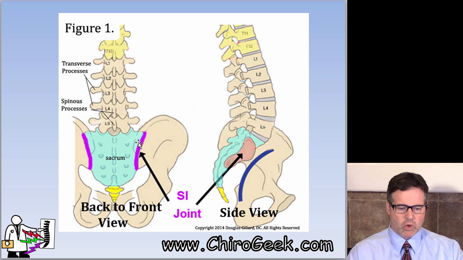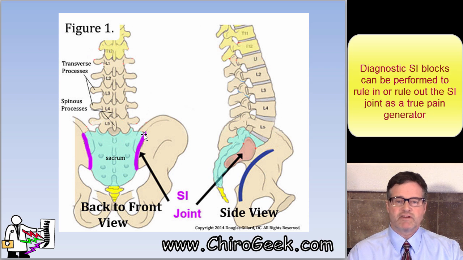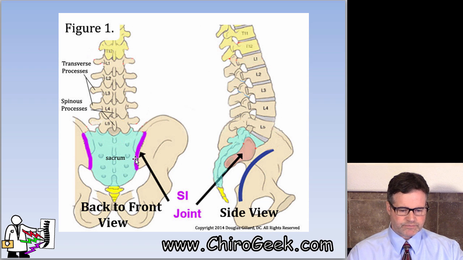Now, it's also a referral site for discogenic pain, and what I mean by that is people with L4 or L5 annular tears in their disc, it often refers pain to the SI joint. So you think you have a pain right here in your SI joint when really the pain is coming from the disc. So it often confuses clinicians who are not aware of that fact.